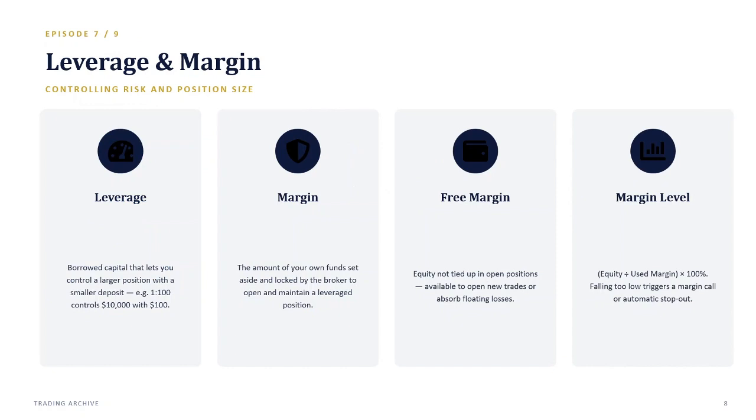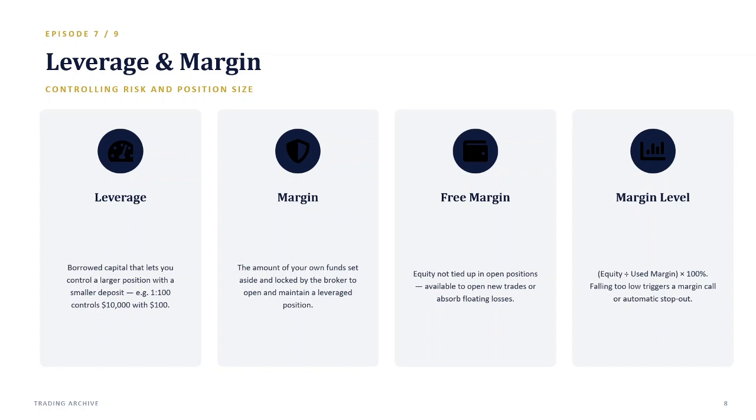So, what is leverage and margin? Leverage and margin are about controlling risk and position size. Leverage is borrowed capital that lets you control a larger position with a smaller deposit.